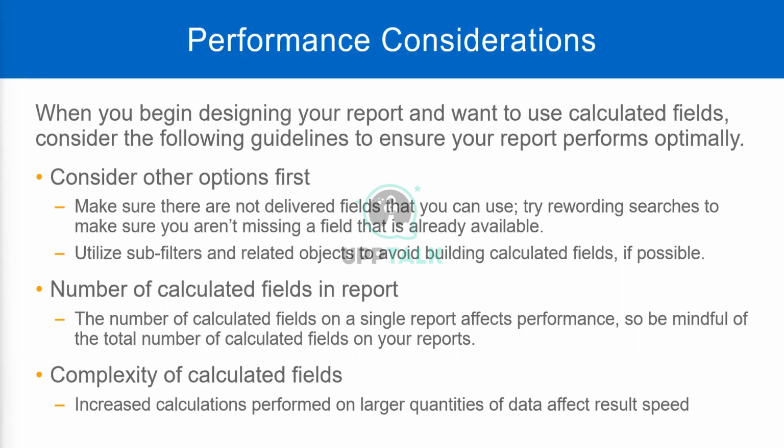So these are some of the things we must keep in mind. It's not like we have to always stick to this. Sometimes, yes, we may have to deviate from this because the situation demands that. Yes, we create it in one particular manner. I understand. But whenever possible, we must keep these things in mind and design our calculated fields and our reports accordingly.